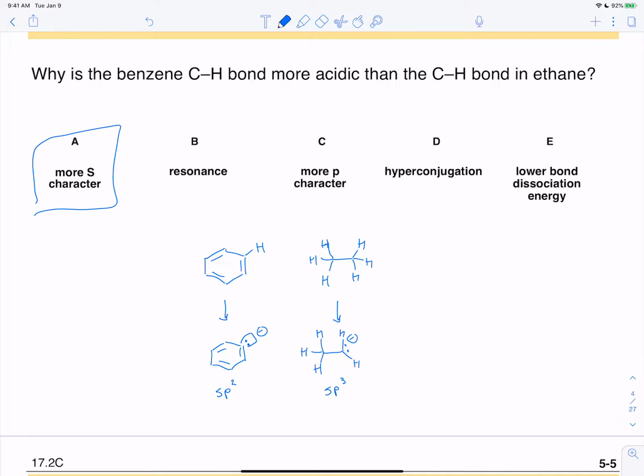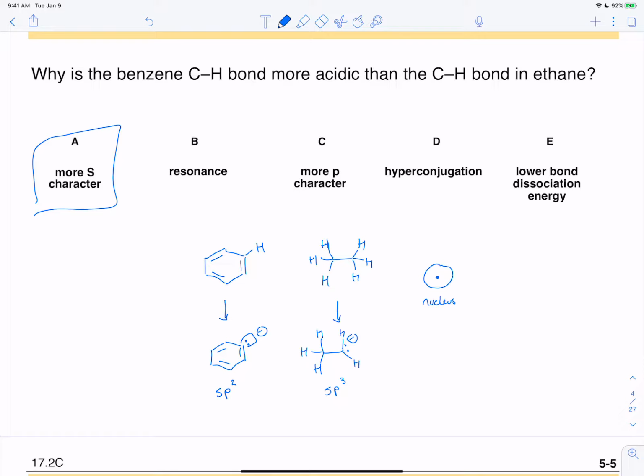When we think about the atomic makeup of an atom, s orbitals are spherical. Their highest electron density, or probability of finding an electron, is right in the middle, and this is where the nucleus is.